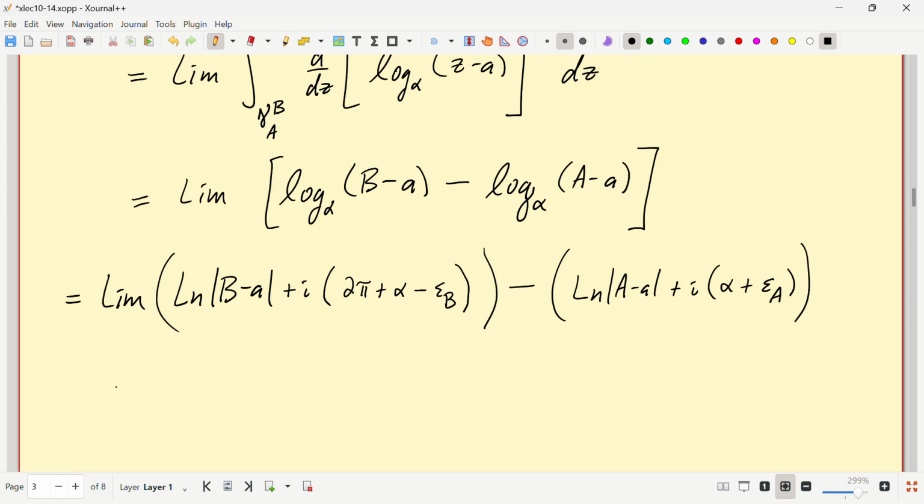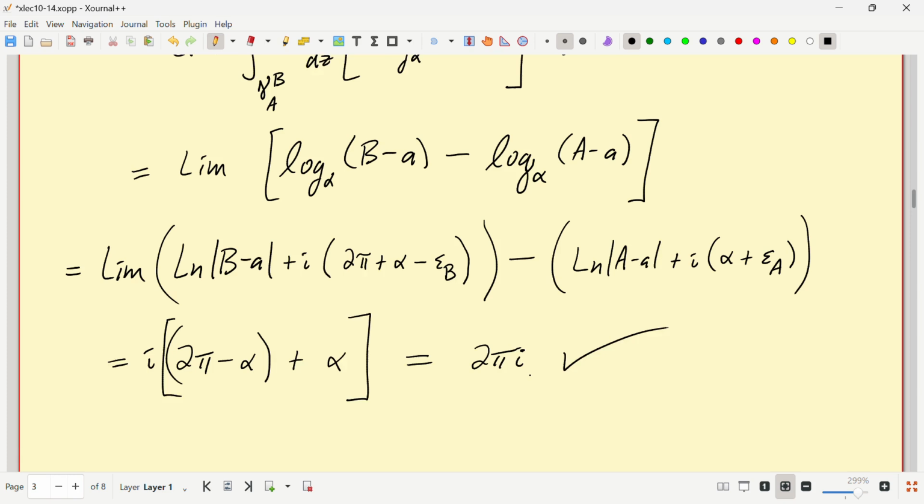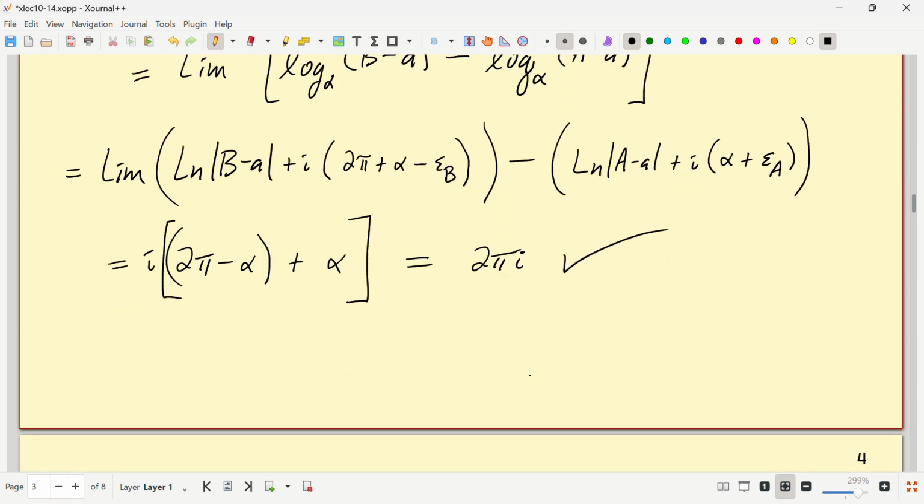So this would be equal to i times 2 pi minus alpha plus alpha, and that's 2 pi i. So the other ones integrate to 0 because they're derivatives of something, and this one we can calculate now using log. Let's say I calculated it at only one point.